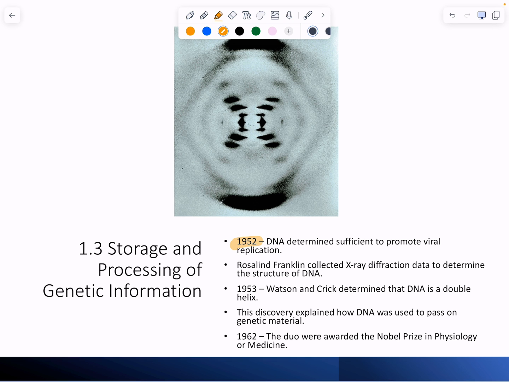So that was when we were starting to hone in on nucleic acids as the information molecule in biological organisms.